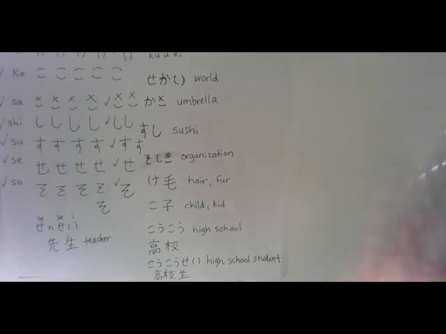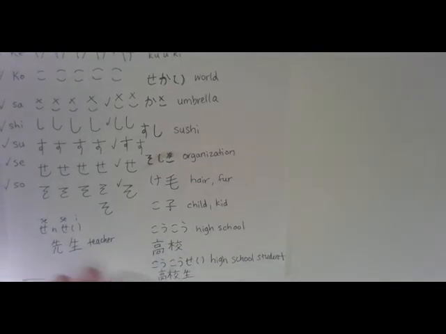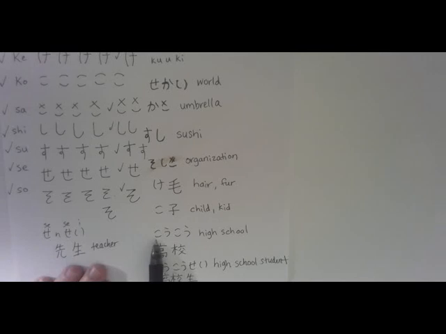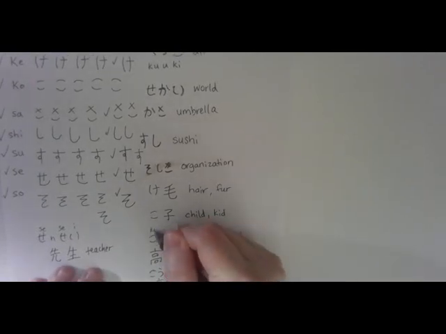Alright, and then this one, if you're in high school and just starting to learn Japanese, this word koko means high school. It uses ko, but you have to add the u again, because it's elongating the sound. Write it like this.